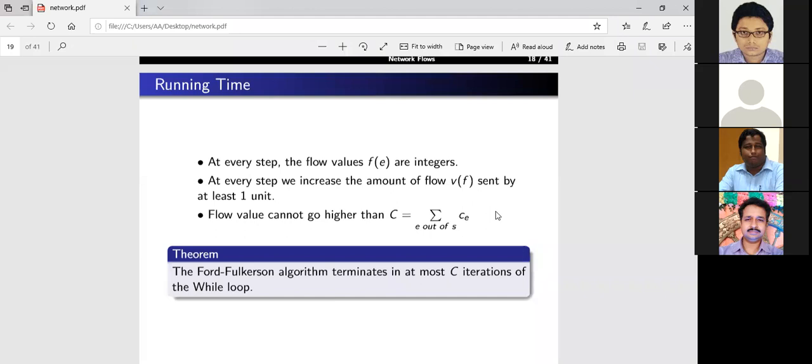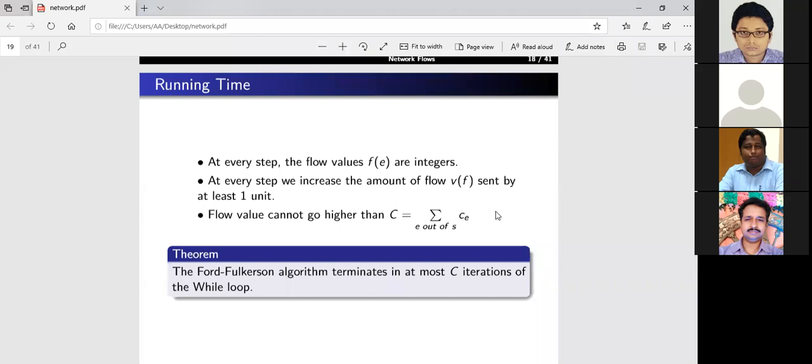The flow value cannot go higher than the total capacities of all the edges. So in finite time, it has to stop. For integer values, the Ford-Fulkerson method stops within a bounded number of iterations of the while loop, which is an overestimate, but still there is a bound.